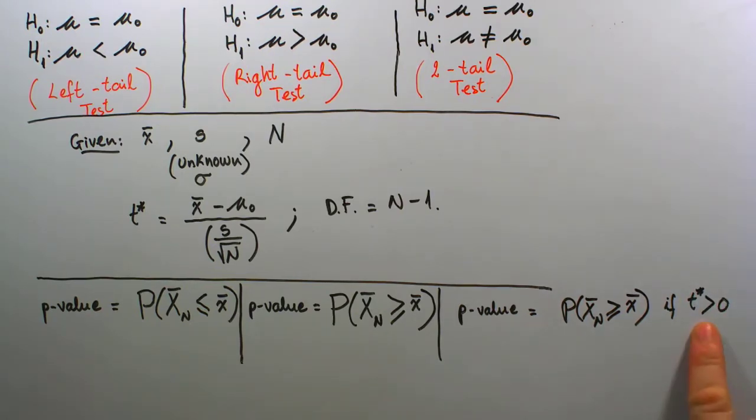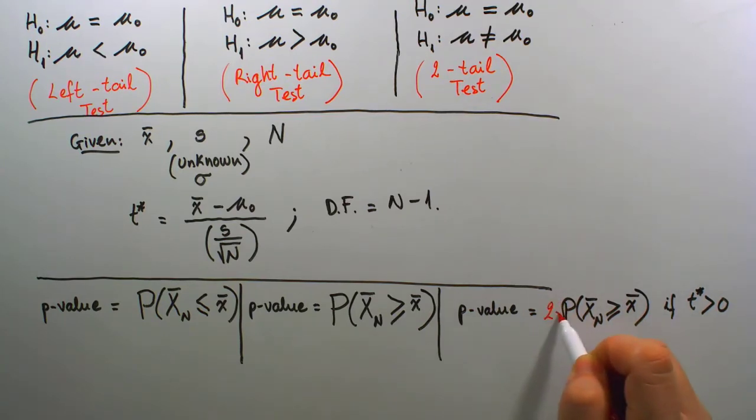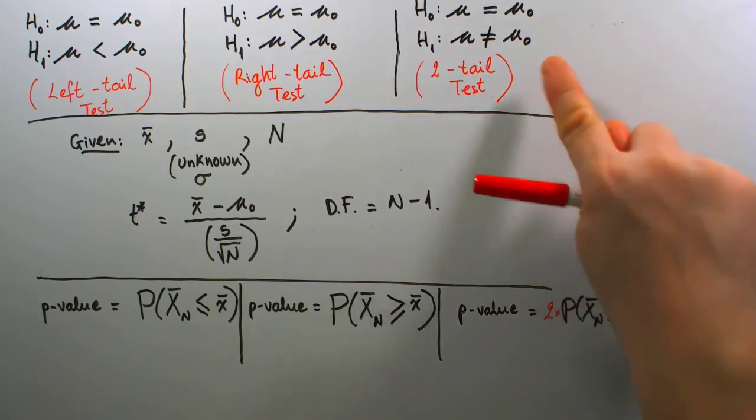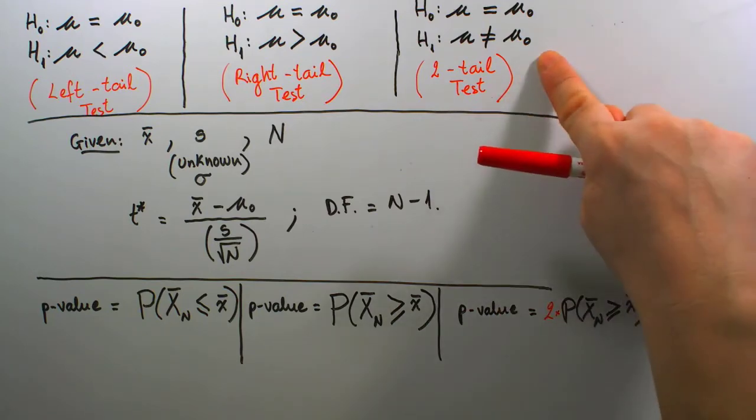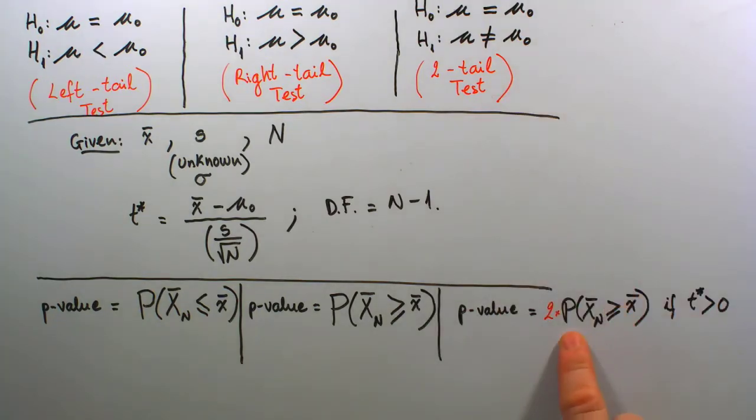But then make sure to multiply this right tail probability calculation by 2, because in the end it's a two-tail test. So again, a two-tail test leads to a right tail probability calculation if the t star calculation was a positive t star, and then at the end your final p-value must be the double of that right tail probability calculation.